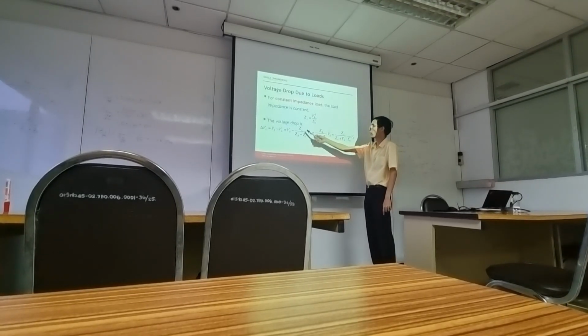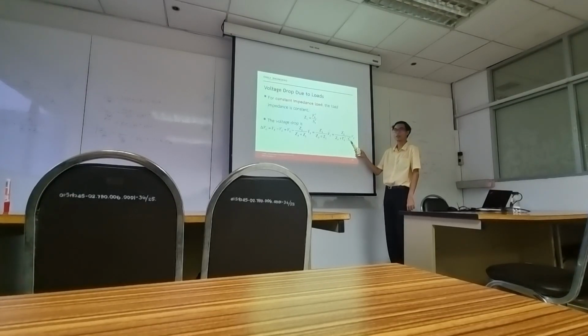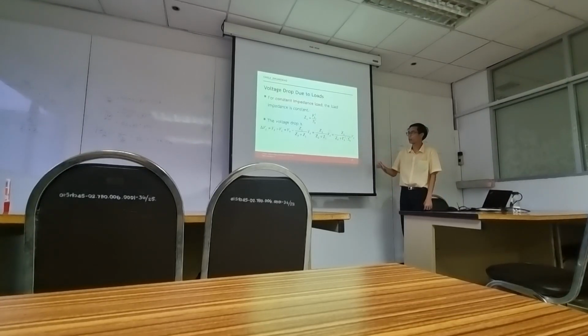Then do the calculation, and just substitute this one into this, you get something like this. This is the voltage drop for constant impedance load. So I think it is easy to calculate.